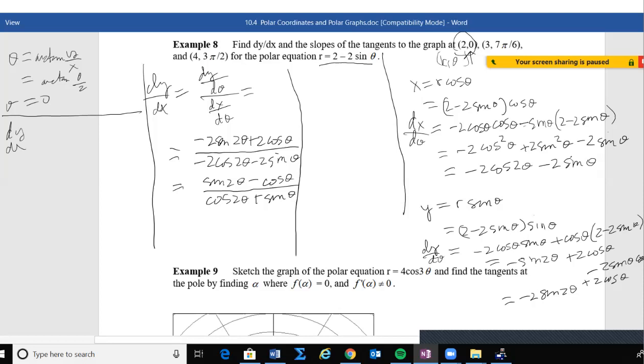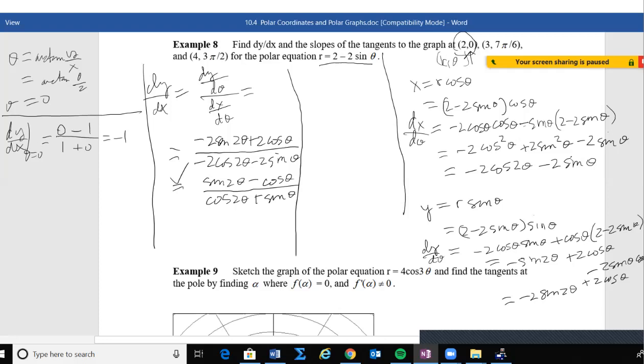dy dx at theta equals 0 is going to be, from the bottom equation here, 0 minus 1 over 1 plus 0, which is a negative 1. Okay, so that's the slope there.